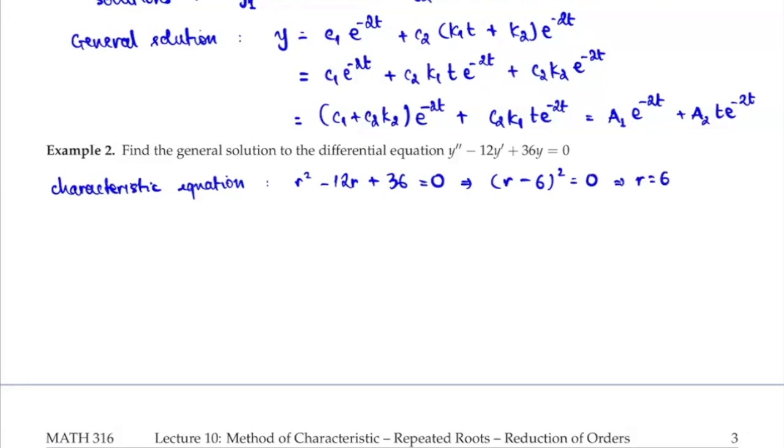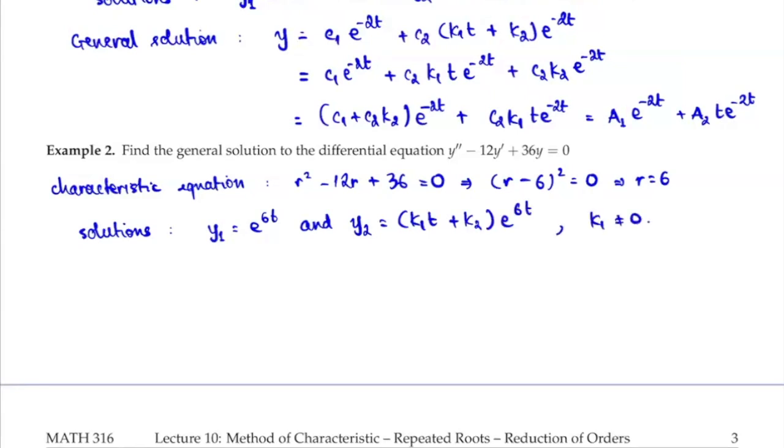So this is the repeated root, and you can write down the solutions automatically here. That is y1 equal to e to the 6t, and y2 equal to (k1 times t plus k2) times e to the 6t. Again, k1 has to be different from 0.